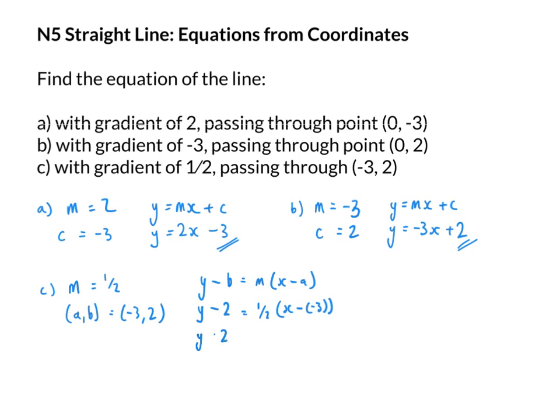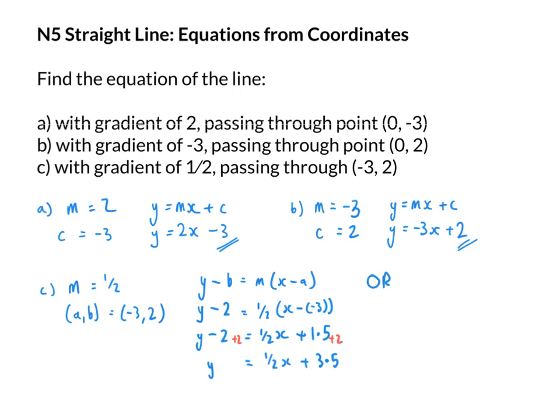So y minus 2 isn't going to change. I've got 1/2 times x, the negative of negative 3, so minusing negative 3, this is all going to be plus 3. So 1/2 of plus 3, I could say 1.5, or I could have 3 over 2 there. I'm going to add 2 onto each side, and that will give me y equals 1/2 x plus 3.5.